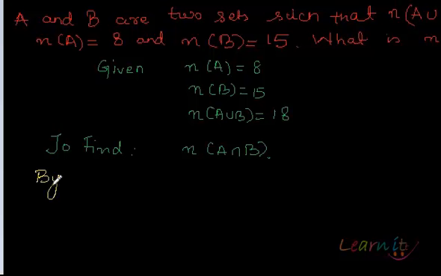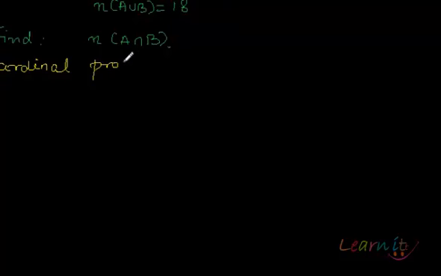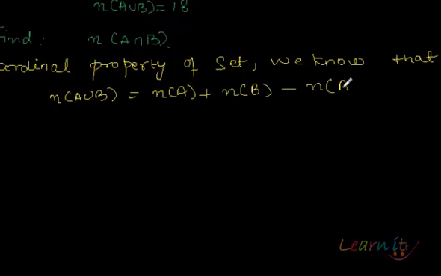Now by the cardinal property of sets, we know that n(A union B) equals n(A) plus n(B) minus n(A intersection B).